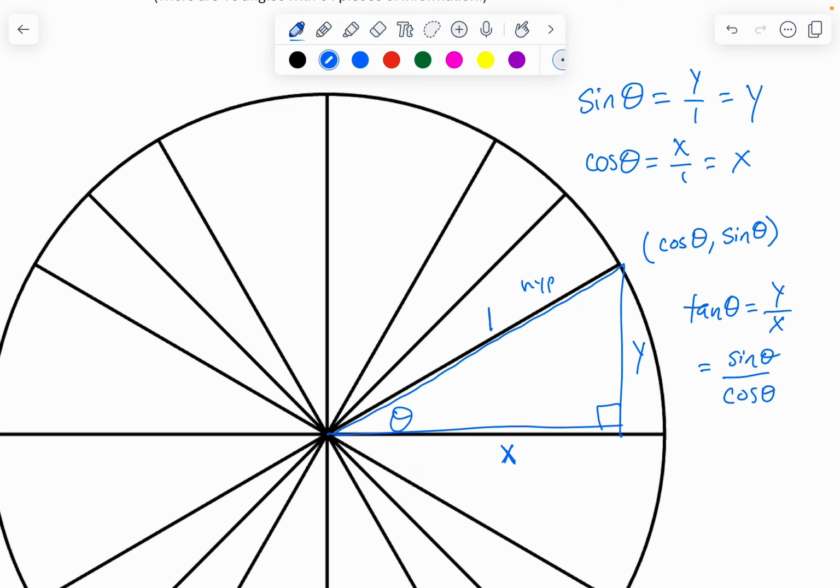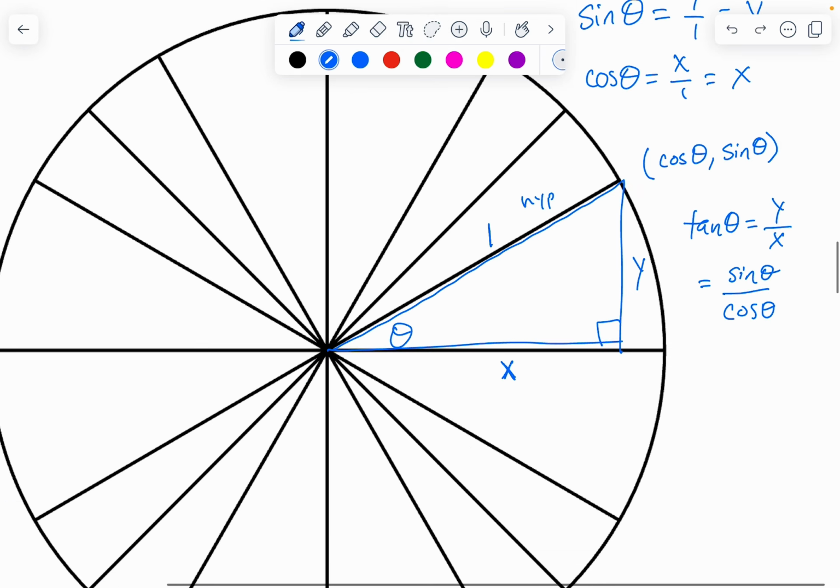But you'll also remember that anytime I have the change in y over the change in x, I'm looking at slope. So the tangent of this angle right here is the slope of this line. It's its rise over run, the y over x. That just got really messy, but there we go. So tangent is going to be thought of in terms of slope.